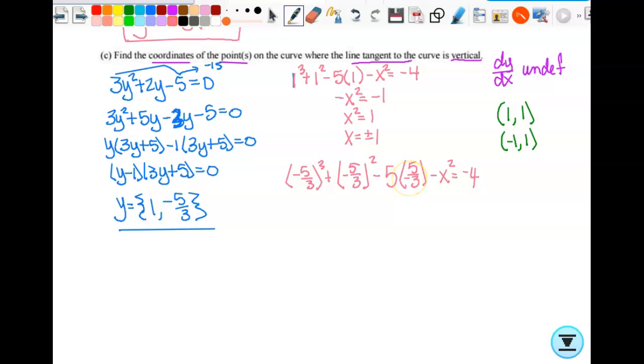Okay, so negative 5/3 cubed is going to be a negative 125 over 27, plus 25 over 9, plus 25 over 3, minus x squared equals a negative 4.